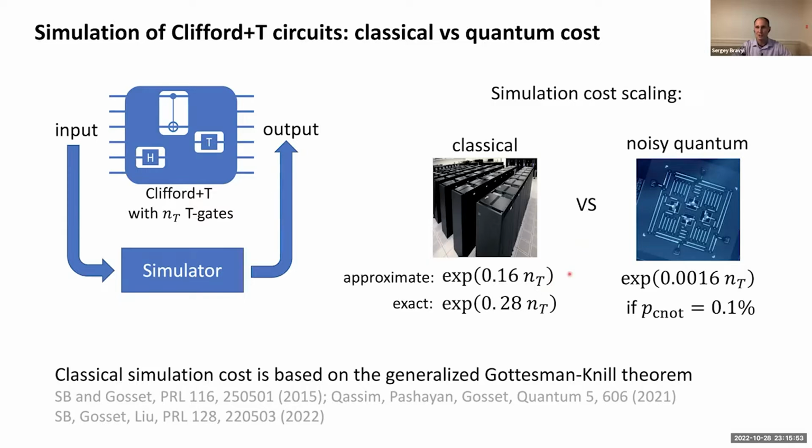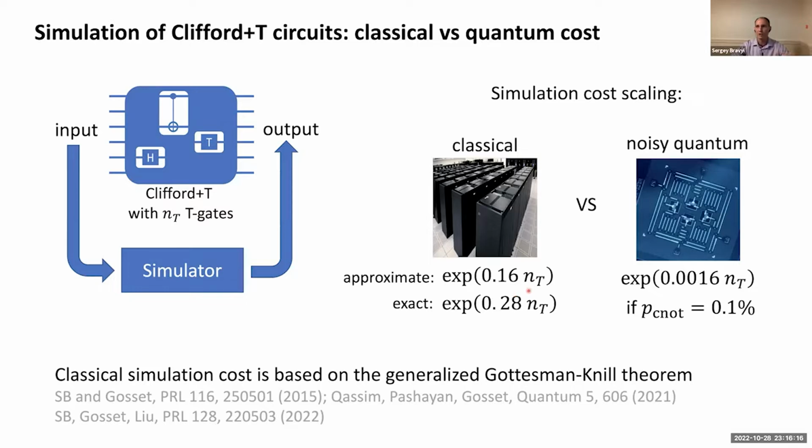So in both cases, the simulation cost scales exponentially with the number of T gates. And so the best known classical simulators based on the Gottesman-Knill theorem and its generalization can simulate about 50 T gates.